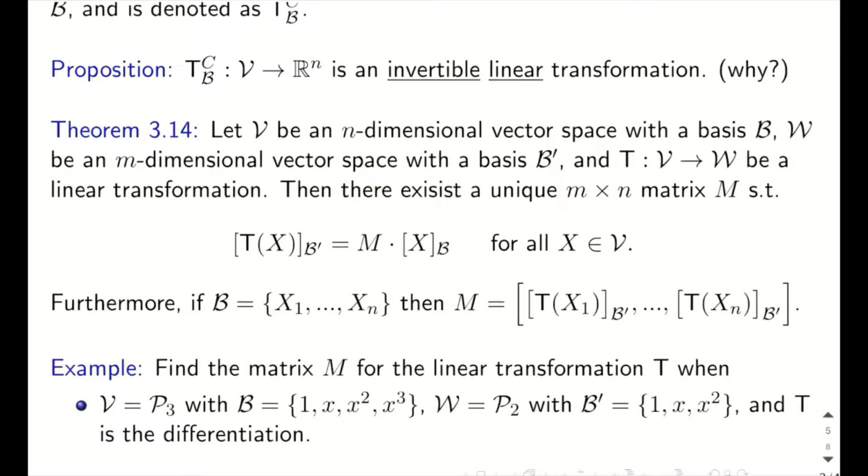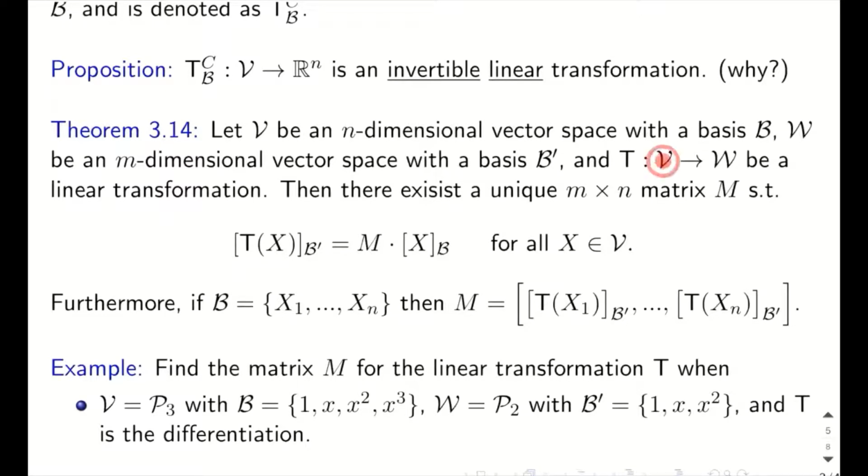Then there exists a unique m by n matrix, capital M, such that when we multiply the matrix M with the coordinate vector of x, it will bring you to the coordinate vector of the image Tx. Remember, x is in the domain and Tx is in the target space, so we have to use different bases between them. Sometimes they coincide, but most of the time the bases are different.